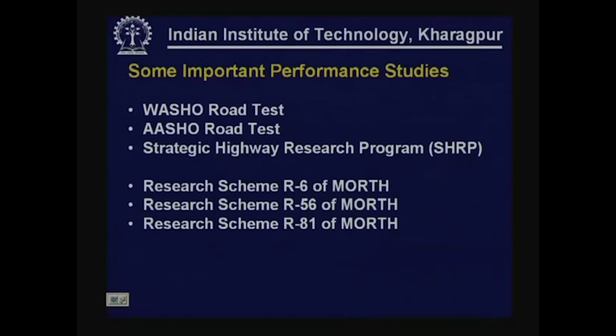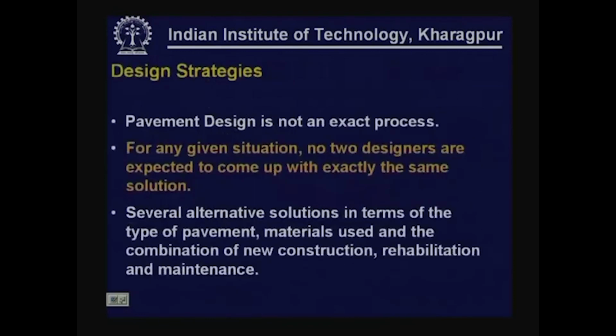A more recent program that the United States had on collecting pavement performance information was the Strategic Highway Research Program, SHRP. In India also we had a number of research programs that were sponsored by the Ministry of Road Transport and Highways, MORTH. Important to note among these were R6, R56 and R81 research schemes.